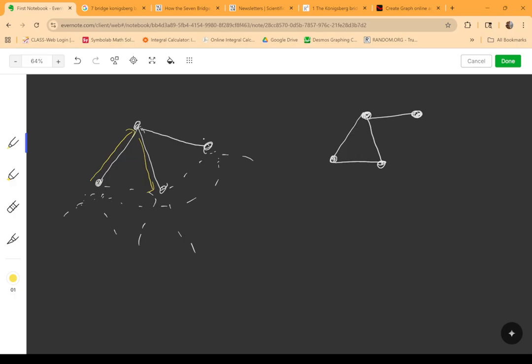So eventually when you come through this edge here, that is it. You'll be stuck there. Now that may or may not be your last edge that you've traversed, so maybe it's okay that you get stuck there. But keep in mind that if you didn't start there, there's no way that you can have an Euler circuit, because you will get stuck there and you didn't start there. Okay?